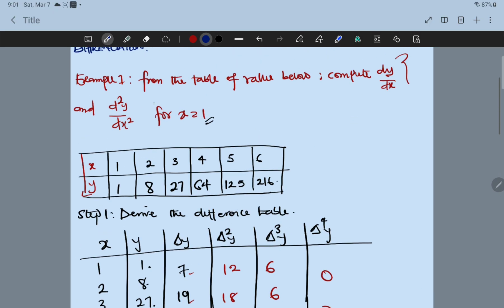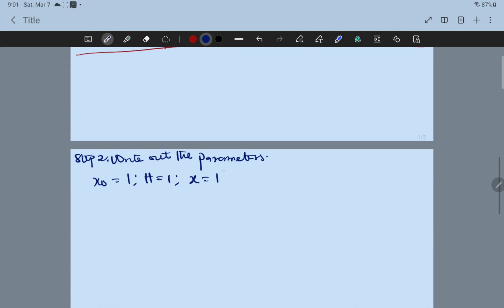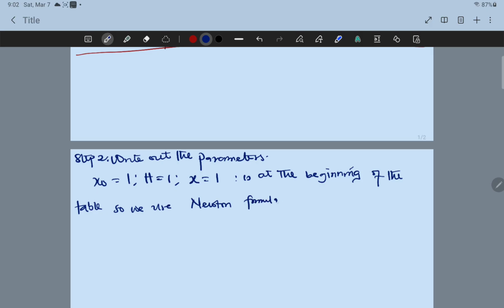For x is equal to 1, we're dealing with the beginning. It says x is at the beginning of the table. So we use the Newton forward interpolation formula.